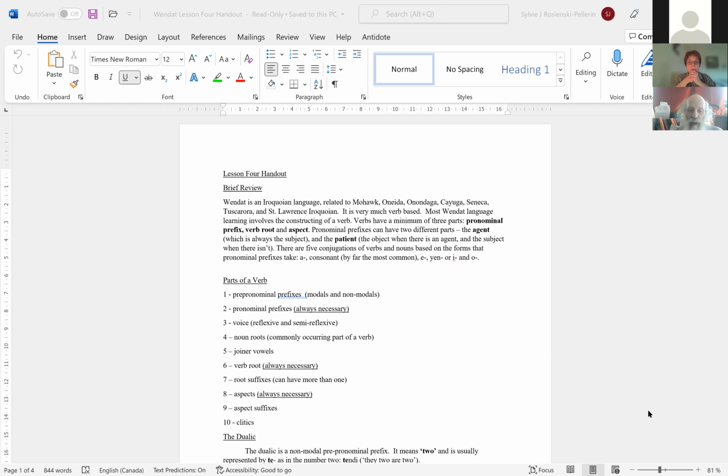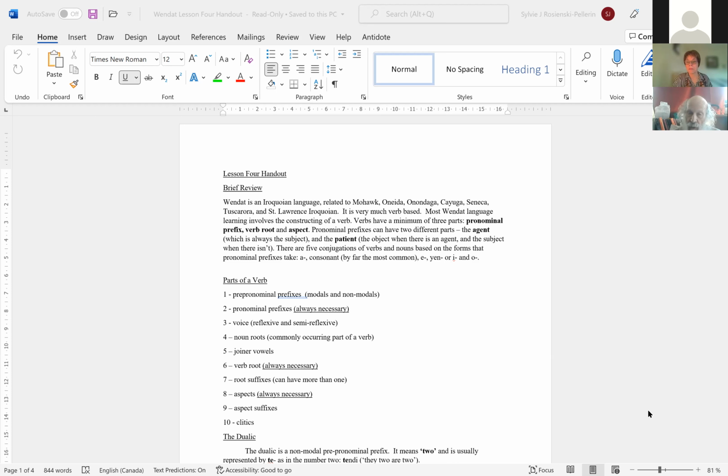Then there's voice, which involves what's called the reflexive, which is kind of each other. It's usually translated as each other. And the semi-reflexive, which has a sense of happening to. Then there are noun roots. The most often you see a noun root is not by itself.